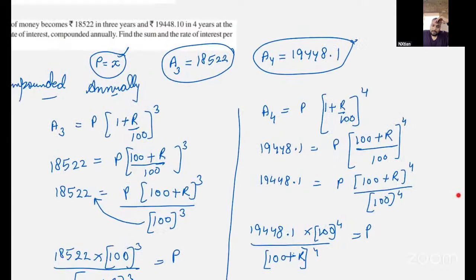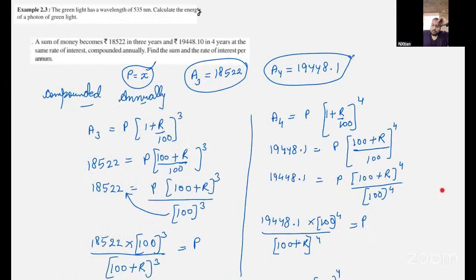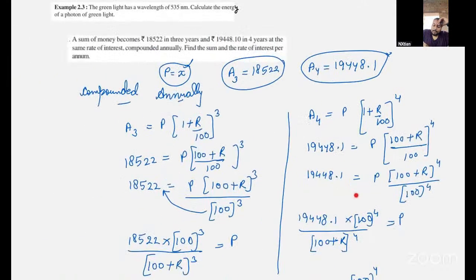Okay, so we have a sum of money which we don't know. It becomes 18522 in 3 years and 19448.10 in 4 years. This is the amount in 4 years, and the rate of interest is the same, compounded annually.